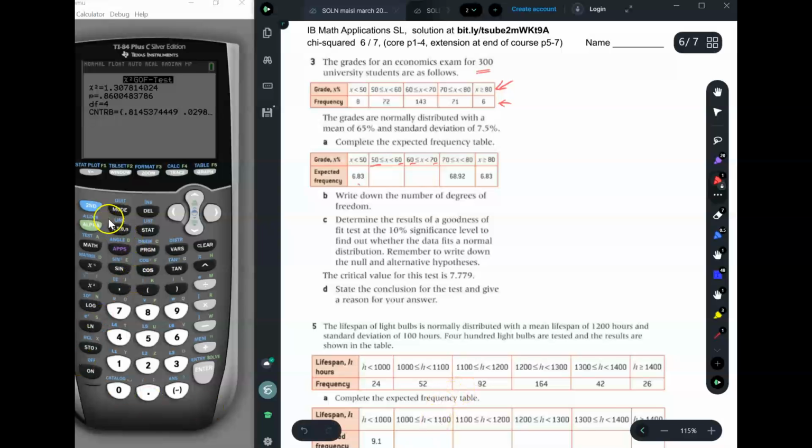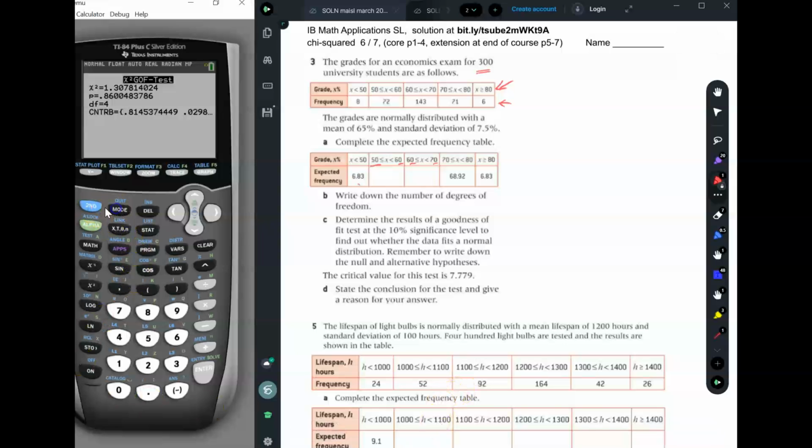First we're going to do second distribution, normal CDF, and we're going to put 50 to 60 because those are the lower and the upper boundaries. And then we're going to put the mu and the sigma that they have here.